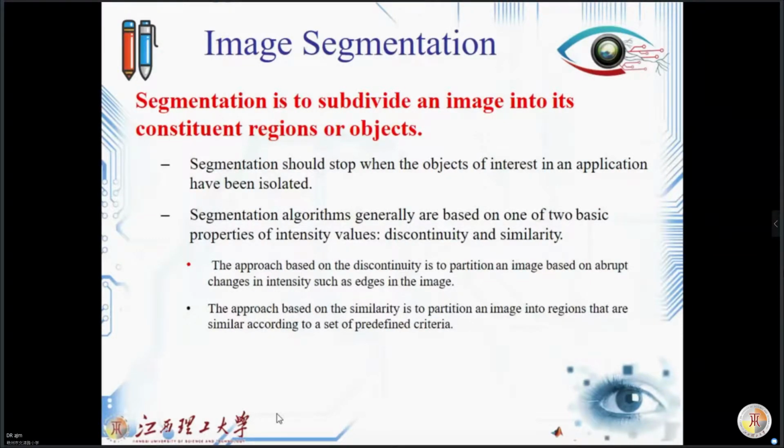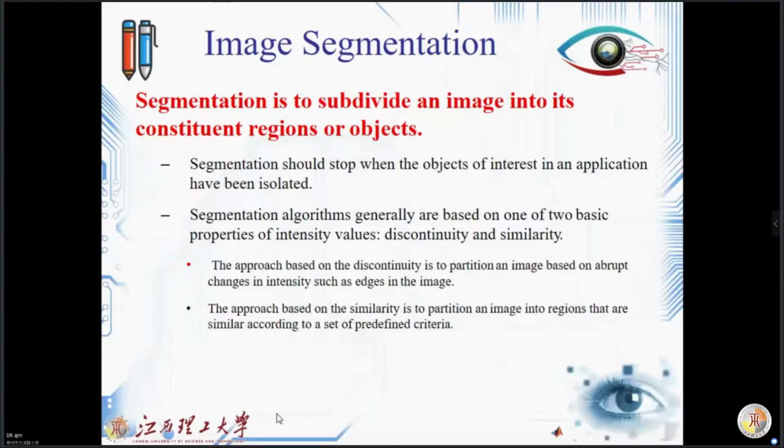The approach based on discontinuity is to partition an image based on abrupt changes in intensity, such as edges in the image, which is one of the most important features in an image, meaning the edge detection job. And the approach based on similarity is to partition an image into regions that are similar according to a set of predefined criteria.